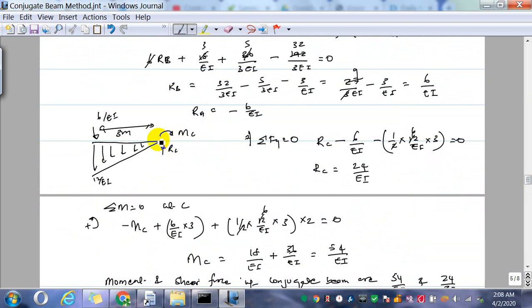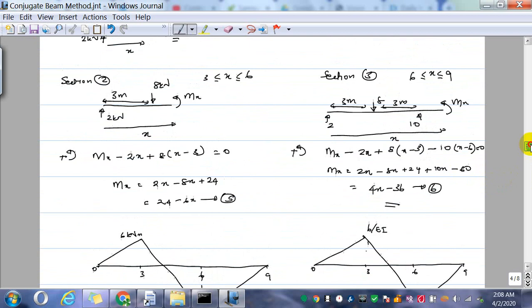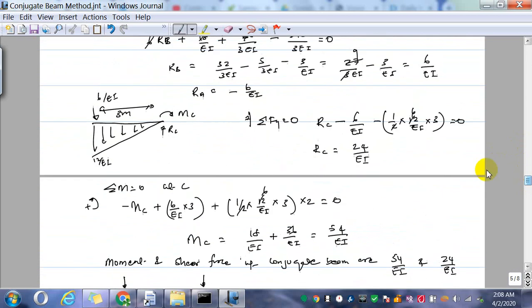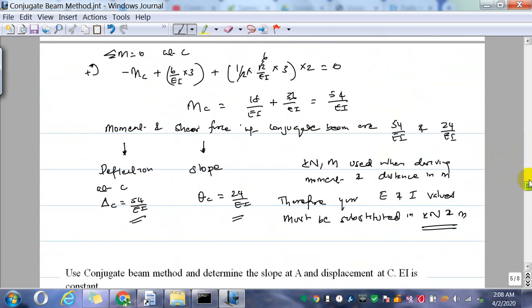So generally, when you take the equilibrium condition, for example, I marked here counterclockwise positive, because this is sagging positive. So here this is going to be a hogging moment. So actually I assumed a negative moment, and I got a positive value for MC.